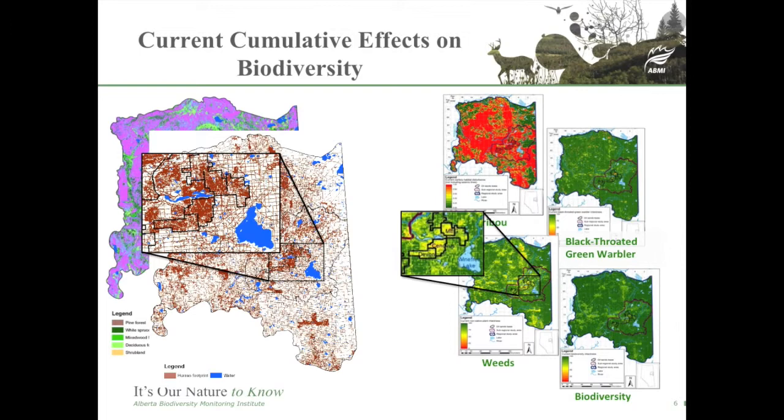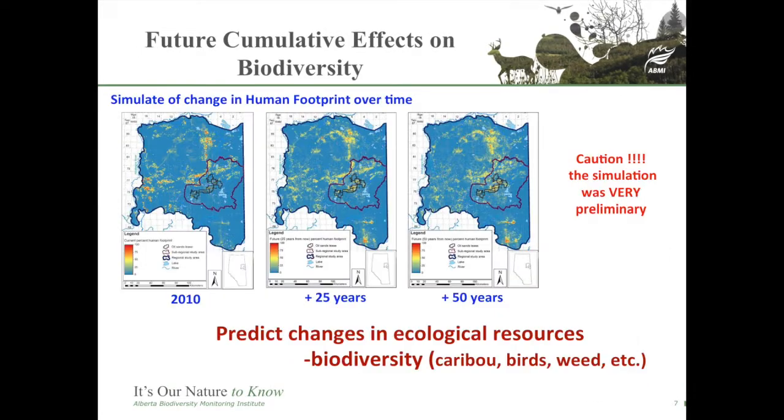So it allows you a multi-scale look at what the cumulative effects are in the region. And obviously, the cumulative effects vary spatially. I mean, it's a given. But this allows you to look at the cumulative effects and how they change spatially throughout the study area.